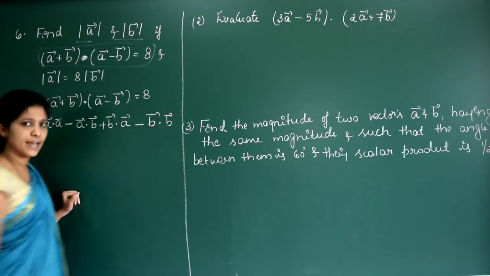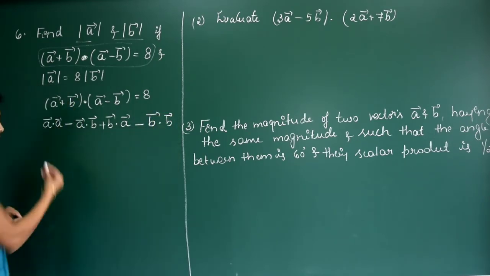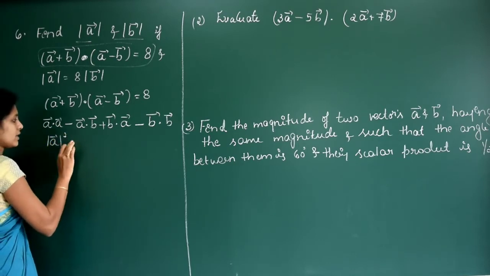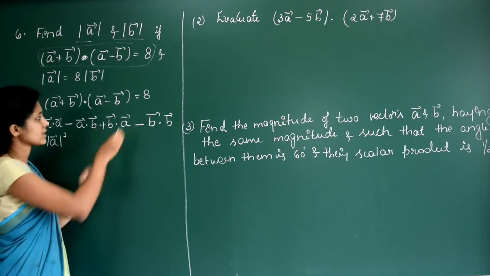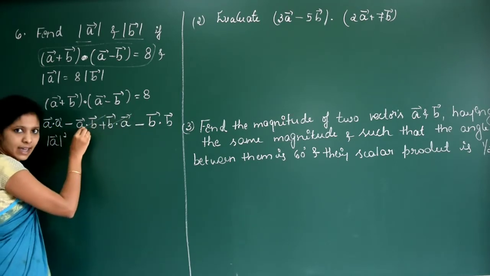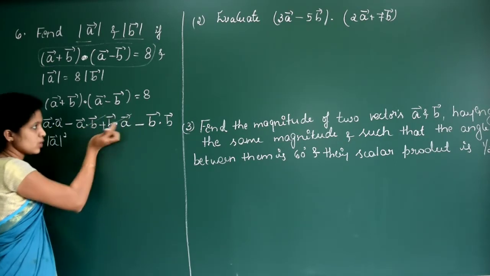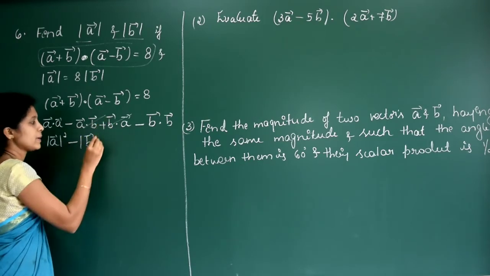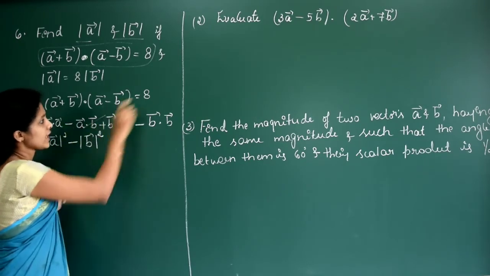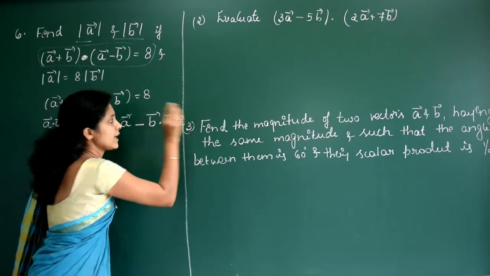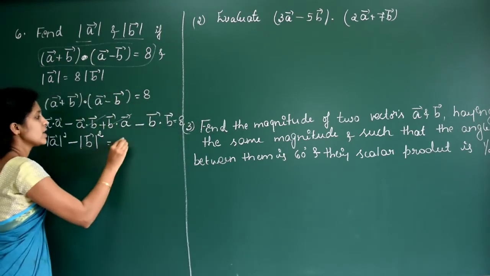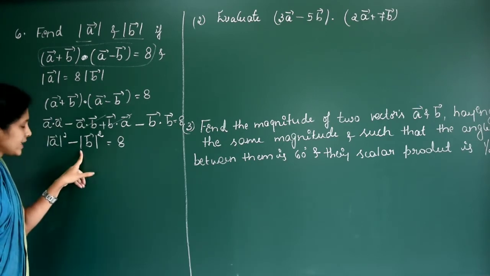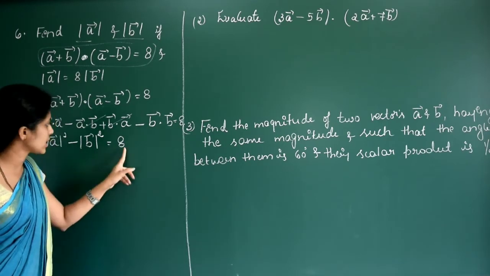Now A vector dot A vector will be the magnitude of A vector squared. A vector dot B vector and B vector dot A vector will get cancelled because the dot product is commutative. Minus B vector dot B vector will be the magnitude of B vector squared, and sorry, here I forgot to write, is equal to 8 is given. So we got the magnitude of A vector squared minus the magnitude of B vector squared is equal to 8.